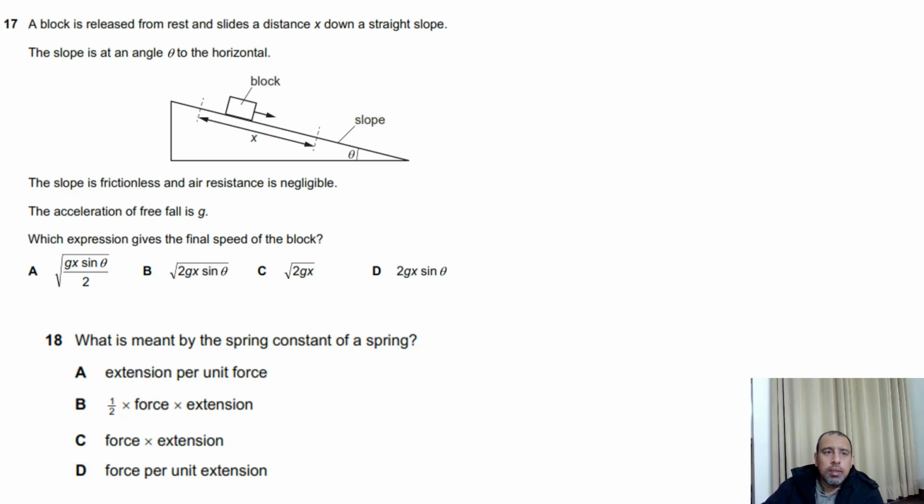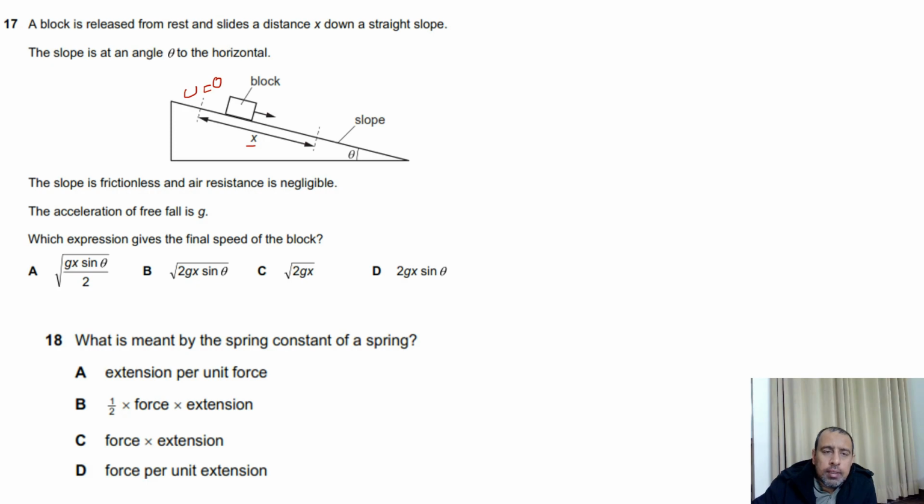For question number 17, this body is moving downward, released from rest. It means the velocity is 0 at this point, the distance is x.